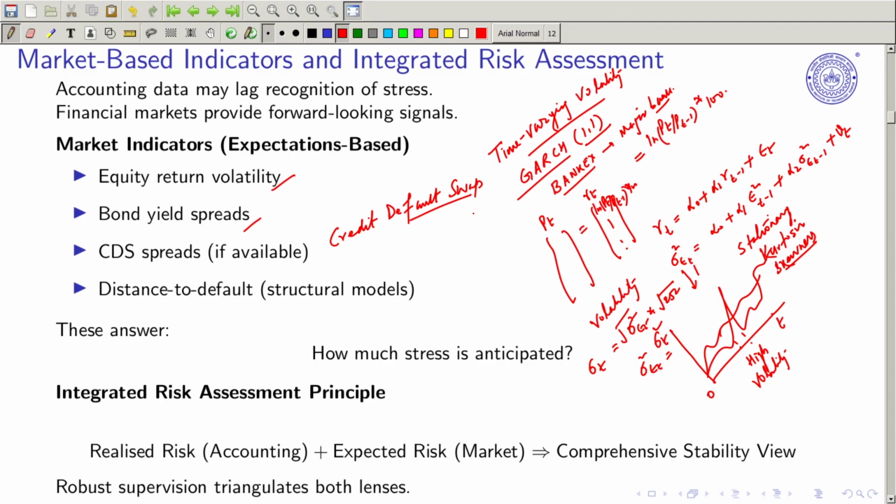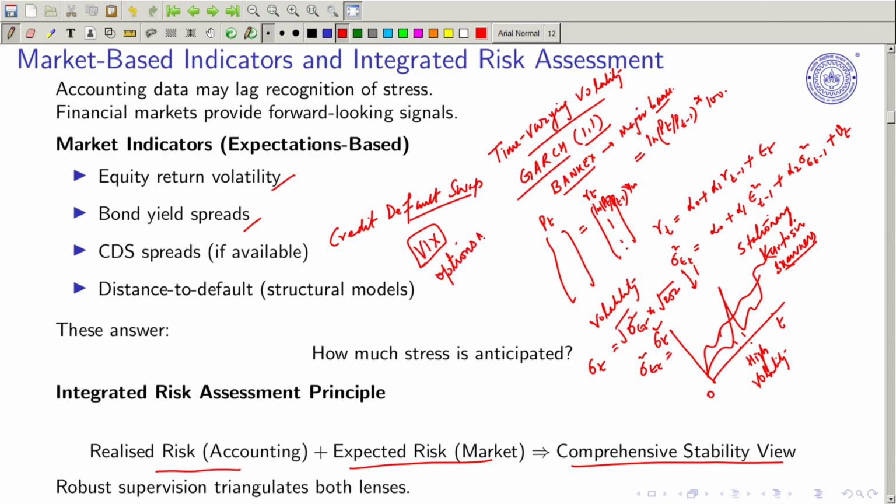So the integrated risk assessment principle is this. Here we have the realized risk, which is the accounting, then here we have the expected risk, which is the market, and then here we have the comprehensive stability view, which means that if I have to think about how much is coming from the accounting side, then expected, we can see how much is coming from the market side. We can also calculate the VIX of all the banking stocks, the volatility implied index coming from the options market.